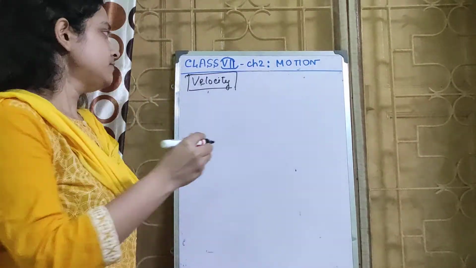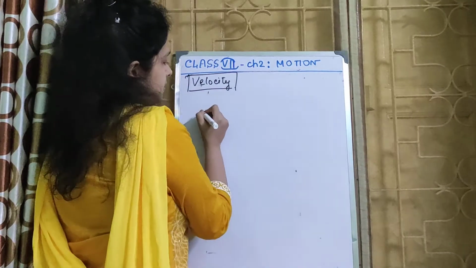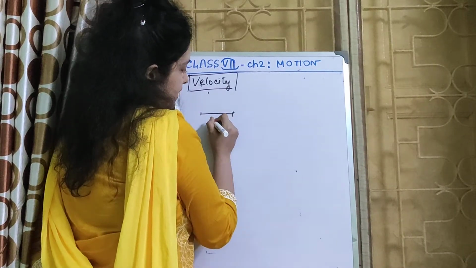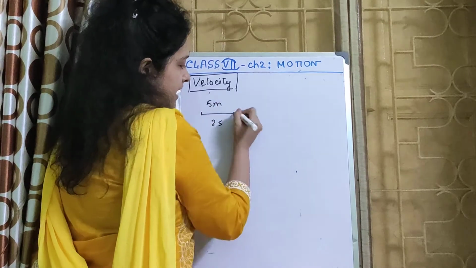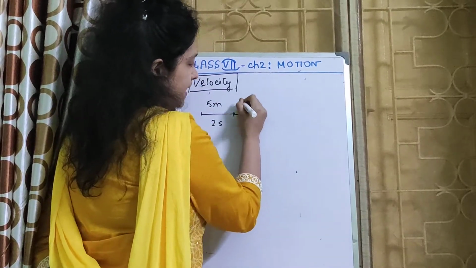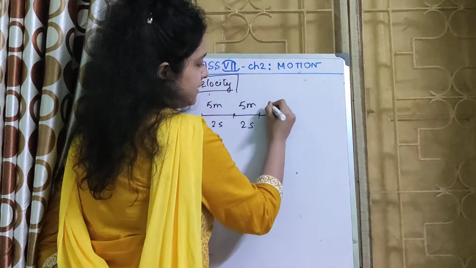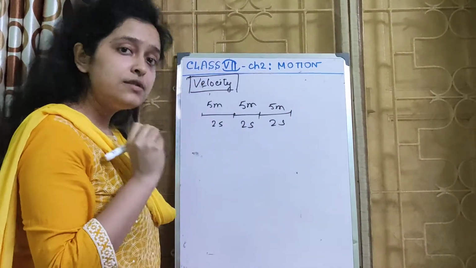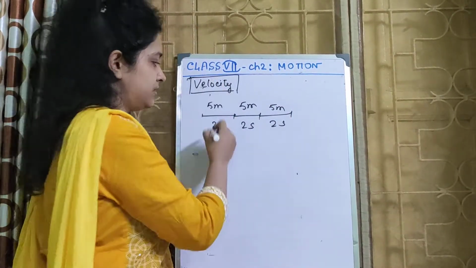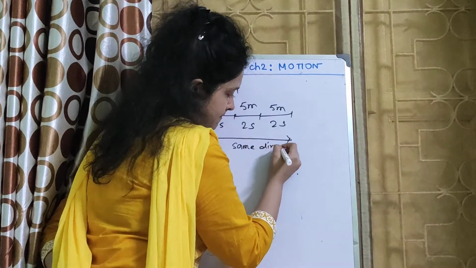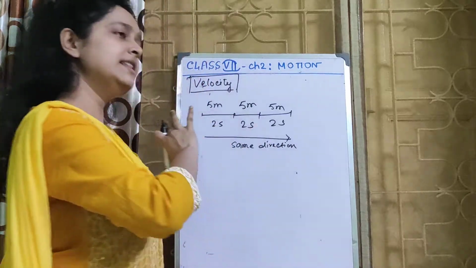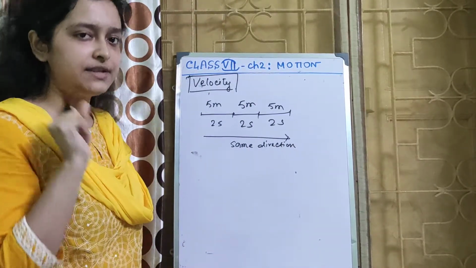Now, suppose you are walking: in the first 2 seconds, say 5 meter. In the next 2 seconds also 5 meter. In the next 2 seconds 5 meter. And also in the same direction, not changing any direction.